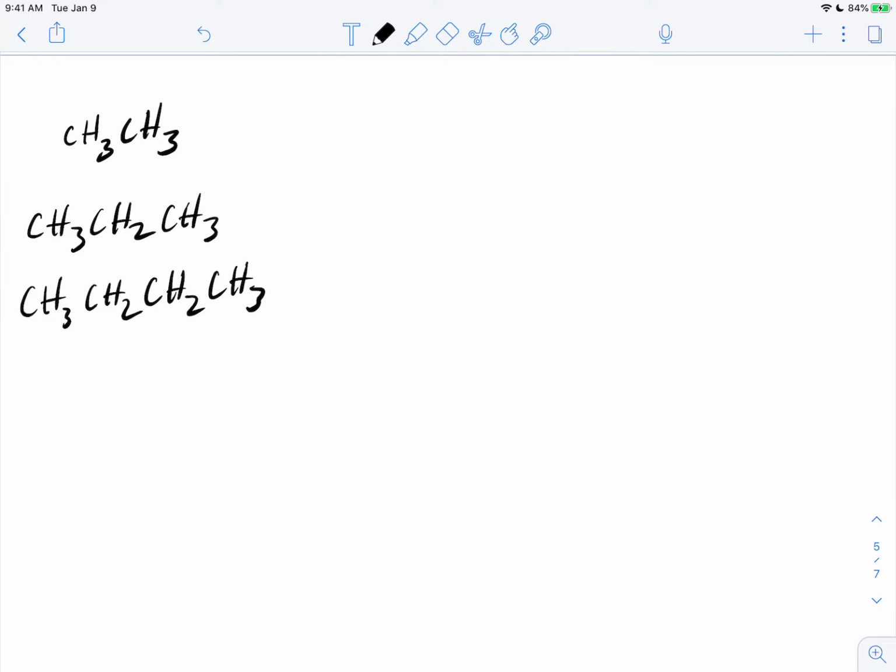And we can see that the boiling point, which again is a very good indication of the strength of the intermolecular forces, not just for London dispersion forces but for all forces. Melting point is used for ionic compounds because they tend not to be a liquid at room temperature. So this is negative 88 degrees Celsius.